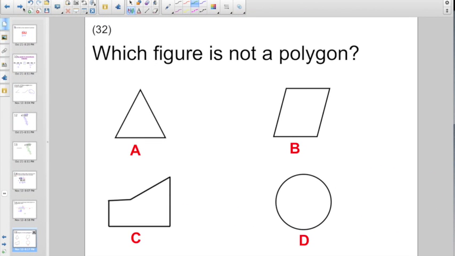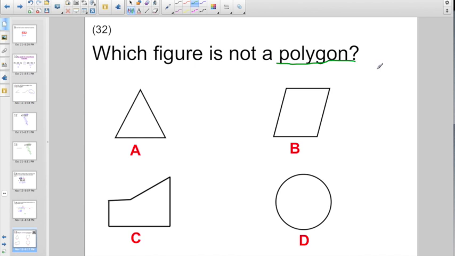Check out this guy. Which figure is not a polygon? If you looked it up in the back of their book, and you could, it would say a polygon is any shape formed by line segments, any enclosed shape formed by line segments.